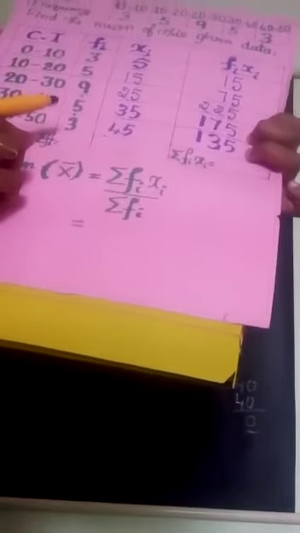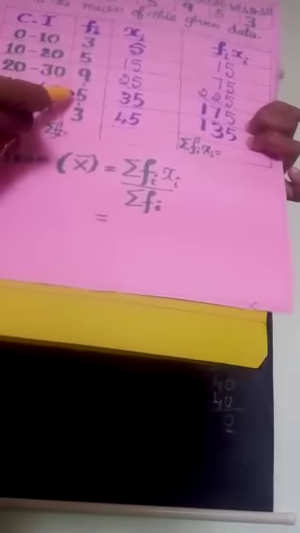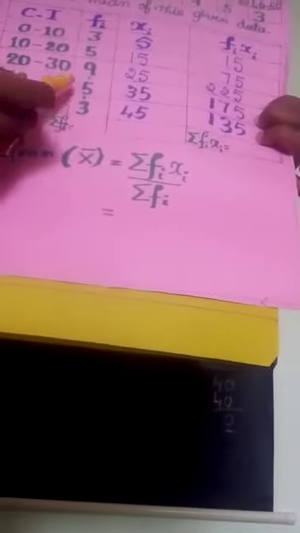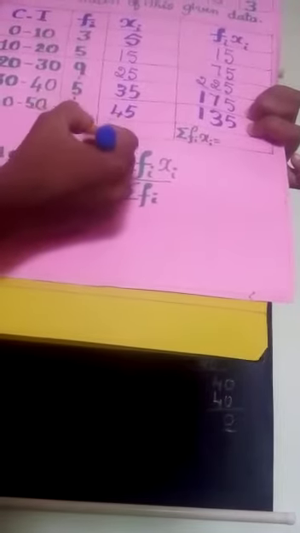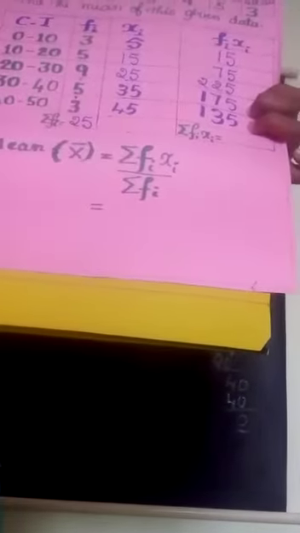So in the same way, you have to find the sum of the sigma fi xi column, and here the sum of the sigma fi column also. 3 plus 5, 8, 8 plus 9, 17, 17 plus 5, 22, plus 3, 25. That is sigma fi.